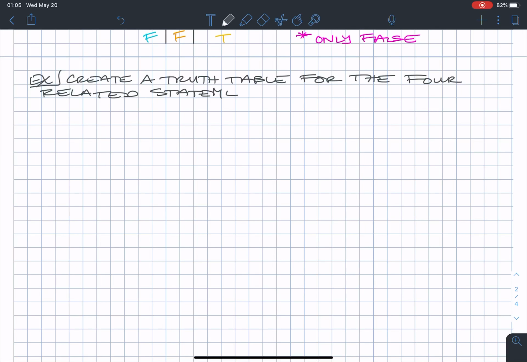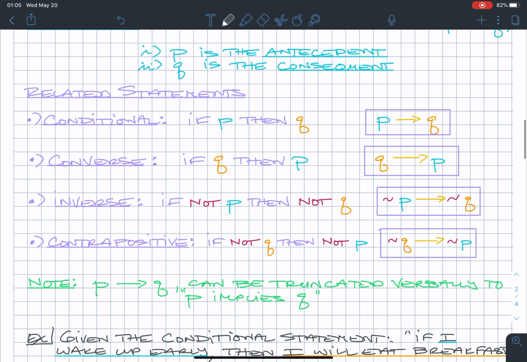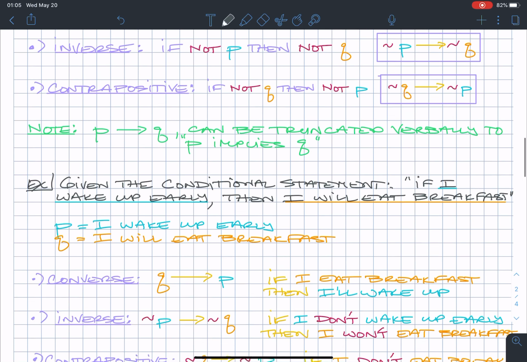So what were the 4 related statements? Well, the conditional, the converse, the inverse, and the contrapositive.